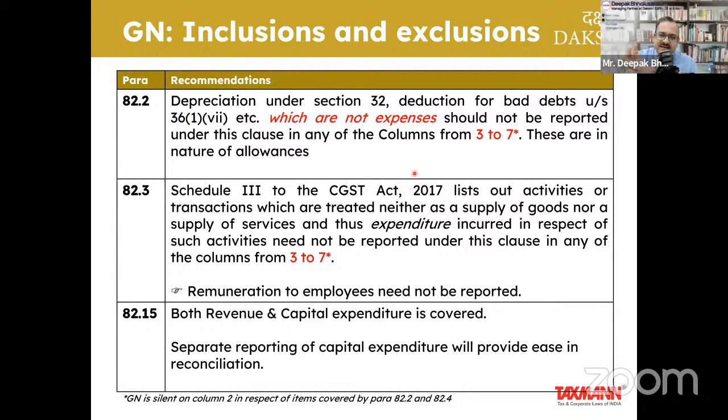So basically, the Institute is saying that depreciation is excluded for reporting purpose. Bad debt is excluded for reporting purpose. Why? Because both these line items are not in the nature of expenses. These are allowances. So allowances should be segregated, and this should not be reported in clause number 3 to 7.